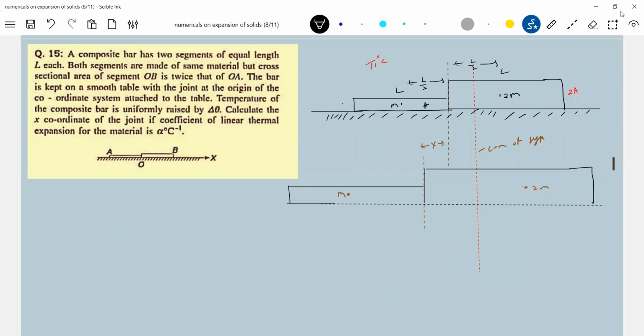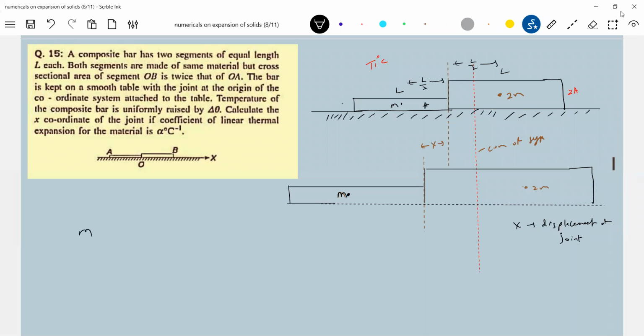Are you looking at this dot? Brown color is what I'm showing it for. And X is the displacement of the joint. So what is X? X is displacement of joint. Okay, let's write the equation.